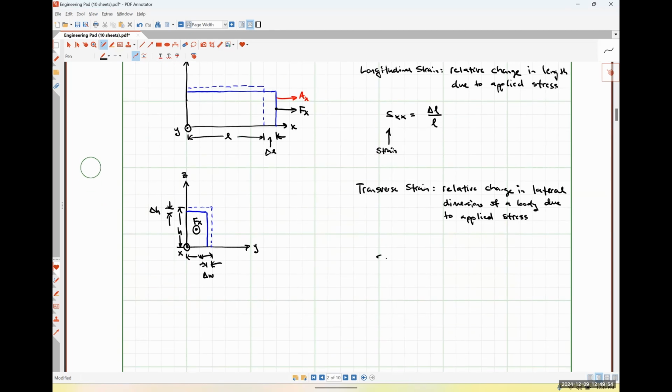And mathematically, we'll have a transverse strain SYY, that is simply the change in width over the nominal width. We'll have a transverse strain SZZ, that is a change in height over the nominal height. And these strains should be approximately equal to each other.